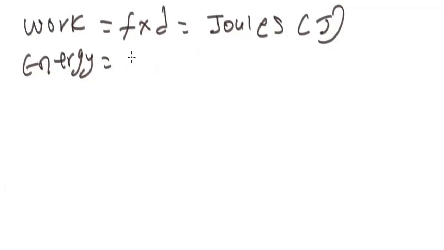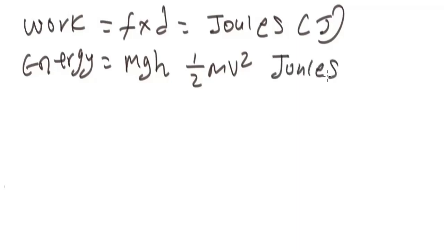We have kinetic energy, we have potential energy. You can calculate energy using mgh. You can also calculate using half mv square, depending on the type of energy you are dealing with, and its unit is also joules. Energy is also measured in joules. You can also calculate energy using force times distance, depending on the situation you have.